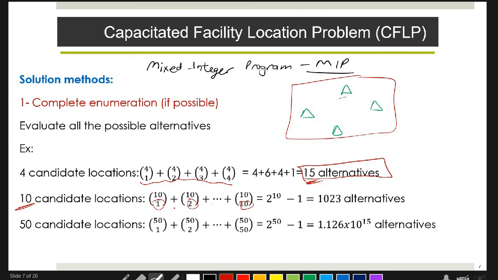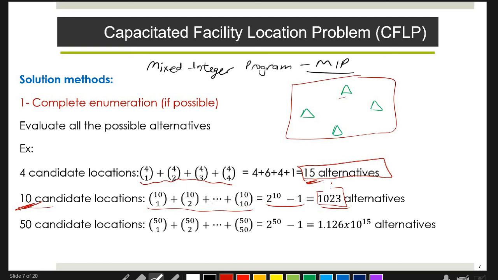Okay? And this number can be calculated by 2 to the power 10 minus 1. This 10 is the number of candidate locations. Okay, you don't need to calculate them separately and add them. This summation already adds up to this. And we see that when there are 10 candidate locations, the number of alternatives that you need to evaluate is 1023. It is difficult to do by hand, but by computers you can do it.